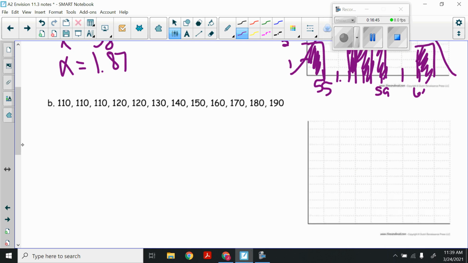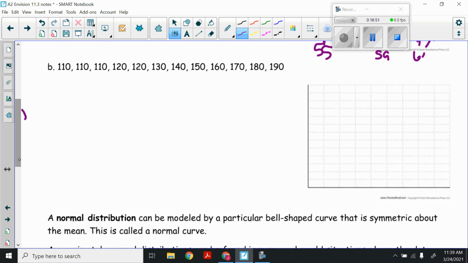All right, we're going to look at one more of those today, and that's where we're going to stop. So here, I go from 110 to 190. Okay, so I'm just going to start here at 100. So this is 110, 120, 130, 140, 150, 160, 170, 180, and this would be 190.